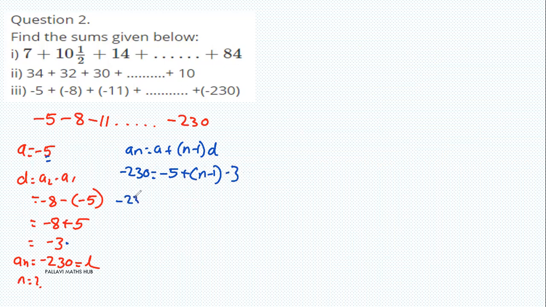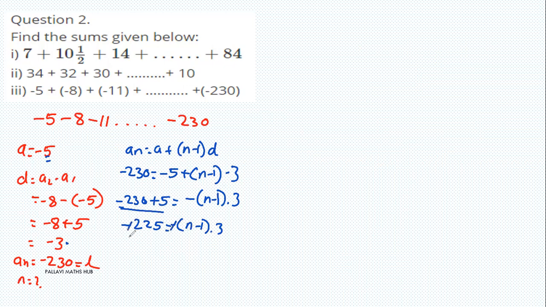So minus 230, here minus 5, take to this side. It will become plus 5 is equal to minus N minus 1 into 3. Here minus is greater, so put the minus symbol. 230 minus 5 is 225 is equal to minus N minus 1 into 3.